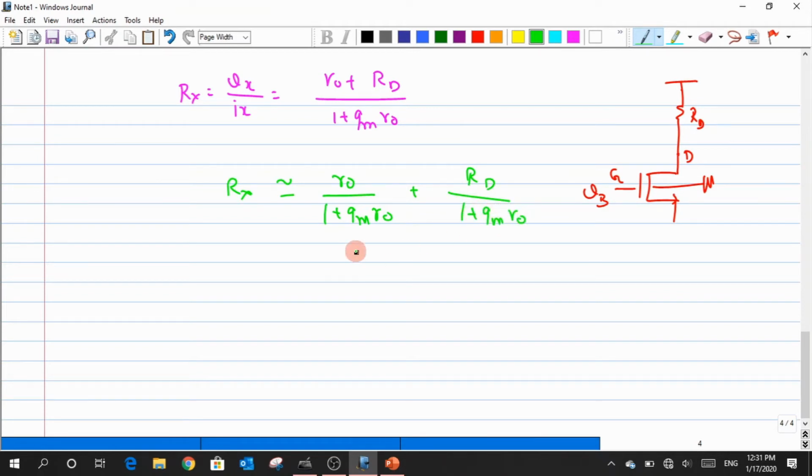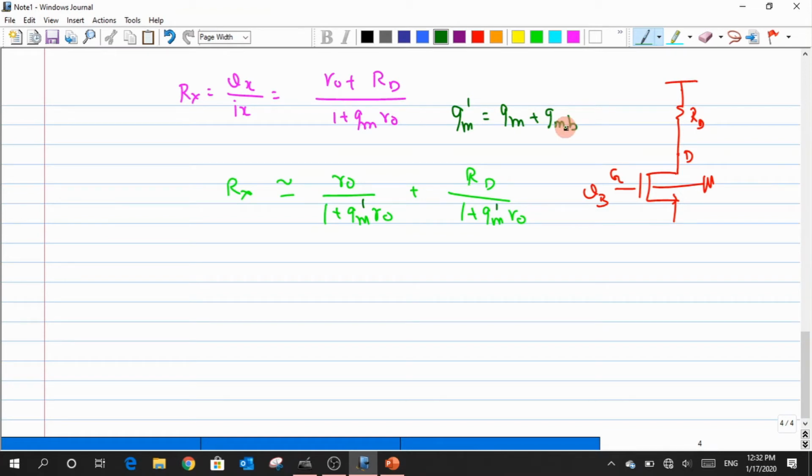So what if I take my body effect into account? Will it be the same result? I don't remember it, so you can verify whether you are getting the same result or not. I'm not very sure about it, but mostly I guess it's supposed to be Gm prime, which is nothing but Gm plus Gmb. See whether you're getting the same result.